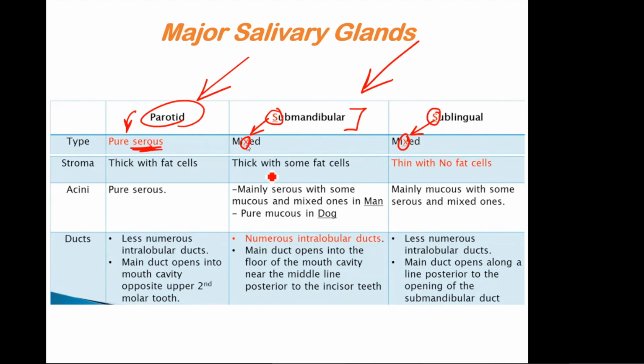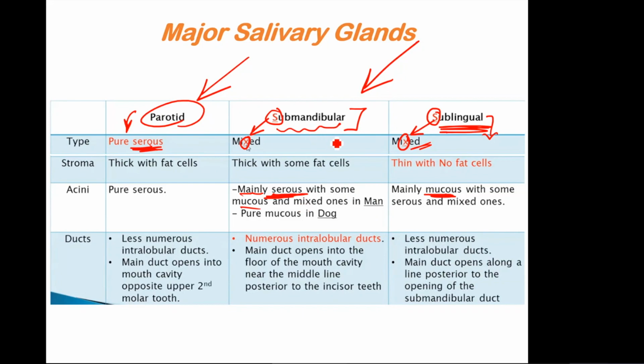Mixed means serous and mucus, but the submandibular is mainly serous, with a little mucus and some mixed ones. But the sublingual is mixed, but mainly mucus. It's under your tongue, remember that, and we need that much mucus to lubricate your mouth.